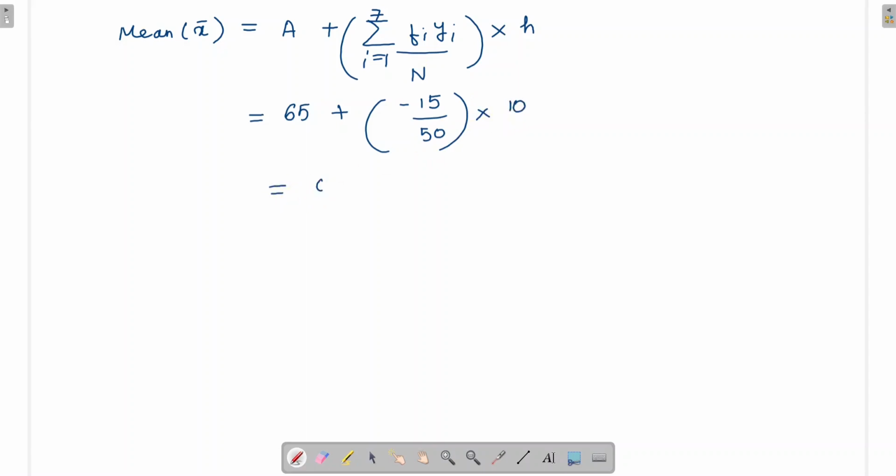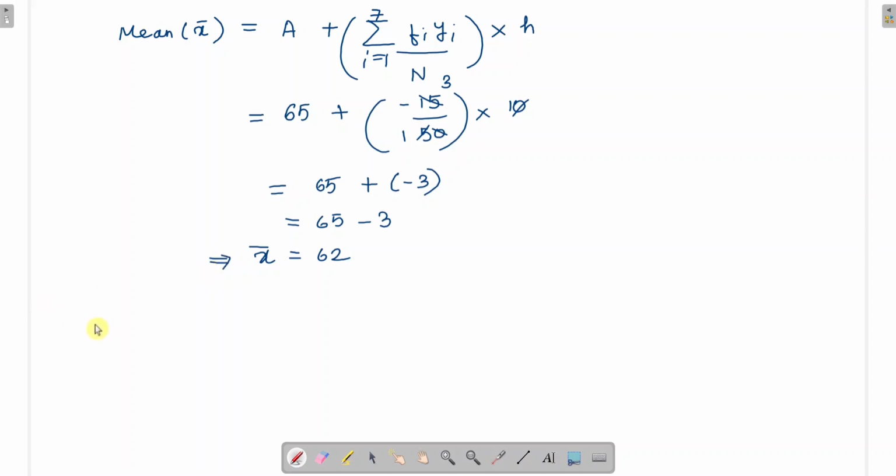Okay, so 65, this 0 and this 0 get cancelled, and 5 1s are 5, 5 3s are 15. So plus of minus 3, so that is nothing but 65 minus 3, that is nothing but 62. So x bar, that is the mean, is 62.